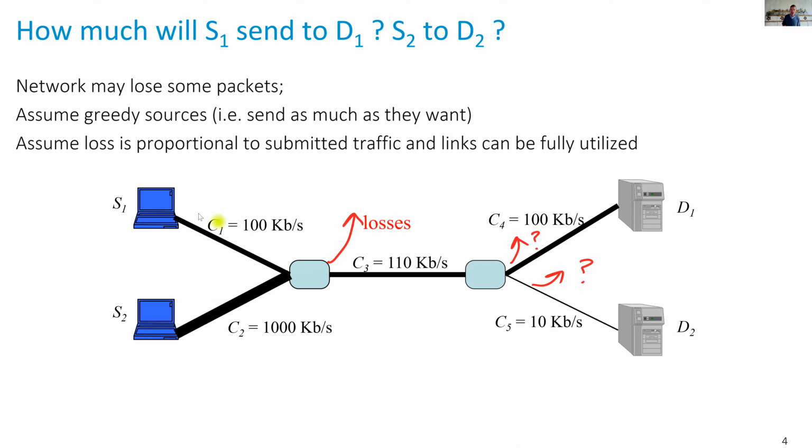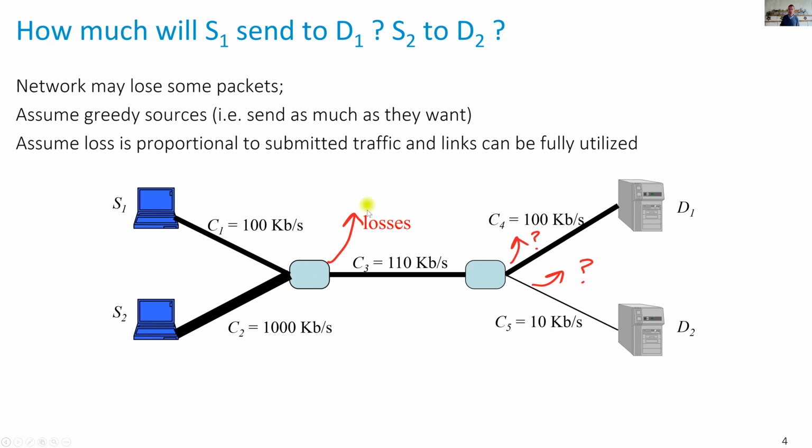Now, if both do this, I'm assuming S1 is sending to D1 and S2 to D2, they come into a router whose output link is 10 times less than the aggregate input speed. So there will be losses here sooner or later. Of course, the router will do its best to avoid losses. It has buffers, so the queue will build up, but the queue, of course, has some finite capacity, and when the queue is full, packets will be dropped here.